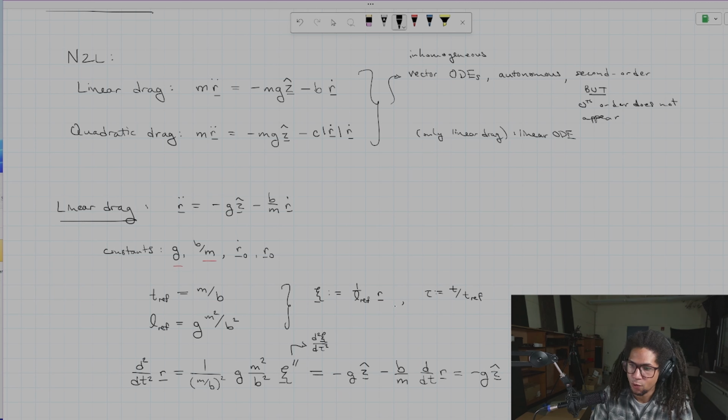I'm going to get a 1 over t ref here, so 1 over m over b. Then I will have an L ref in the numerator, so g m squared over b squared times c prime.